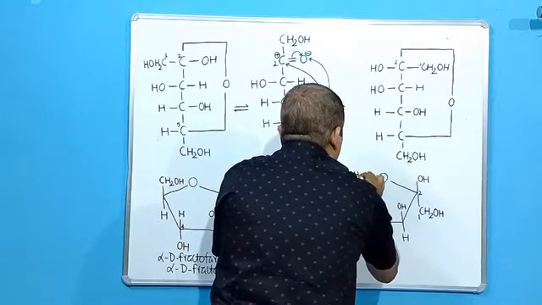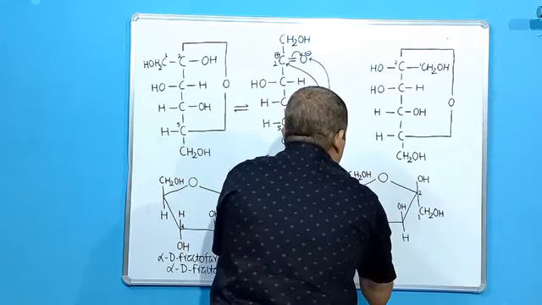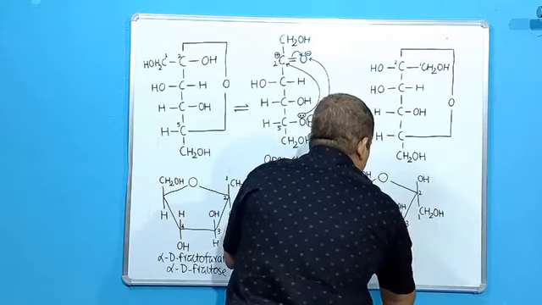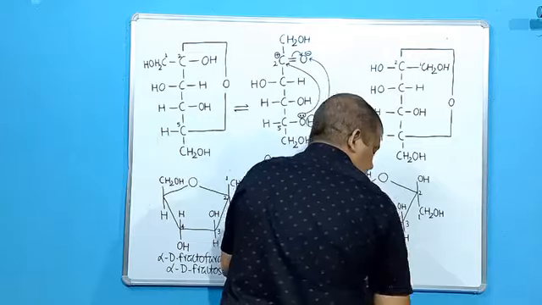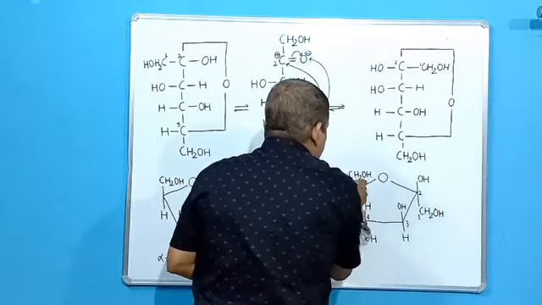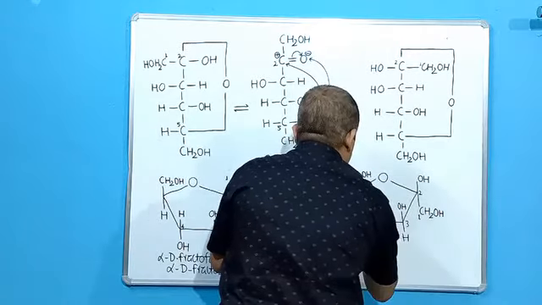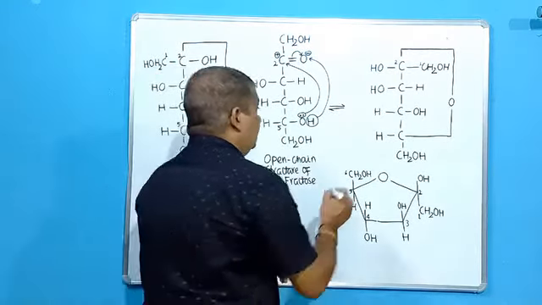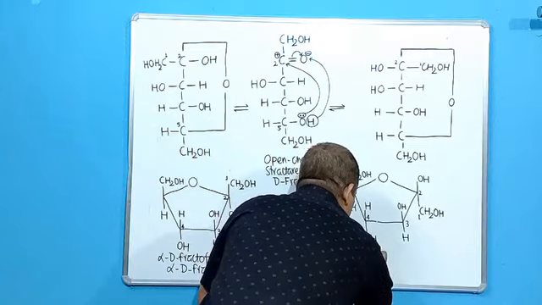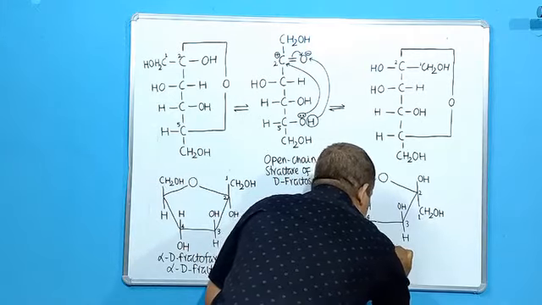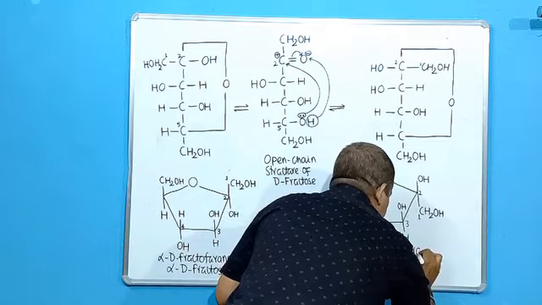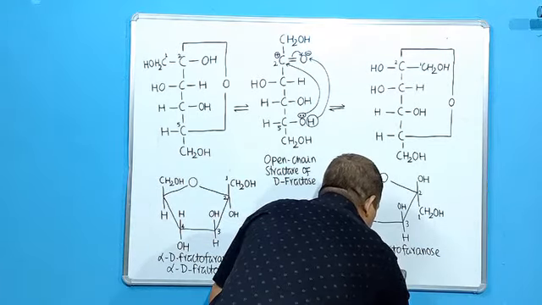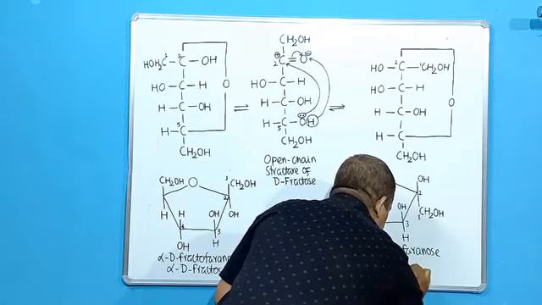Then this one. This is the 6th one, sorry, this is the 5th one. Okay. So this is your beta D fructofuranose, or simply beta D fructose.